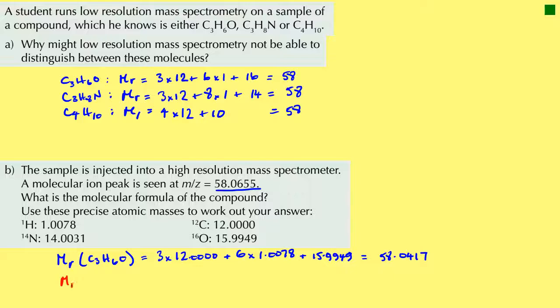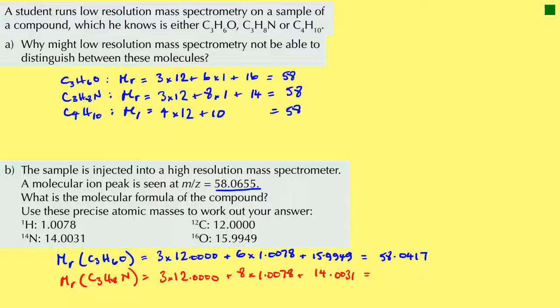So we have to do the same for the next compound, which is C3H8N this time. Alright, so we're going to do 3 times 12.0000 plus our 8 times 1.0078 plus nitrogen is 14.0031.